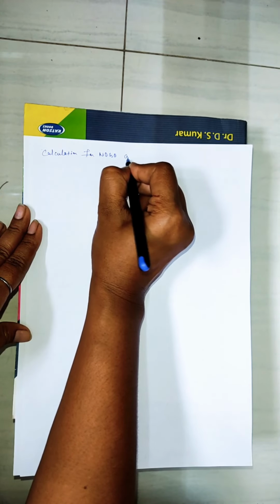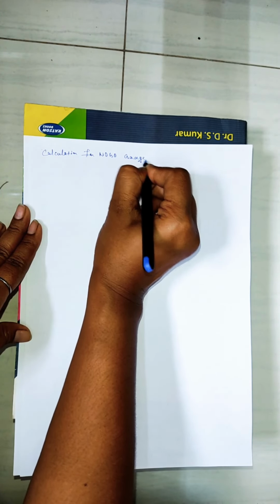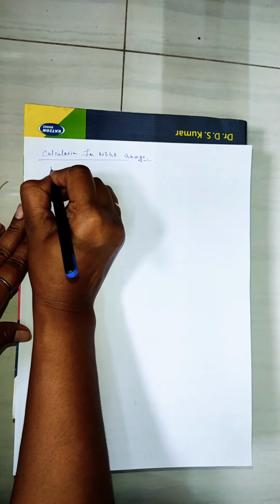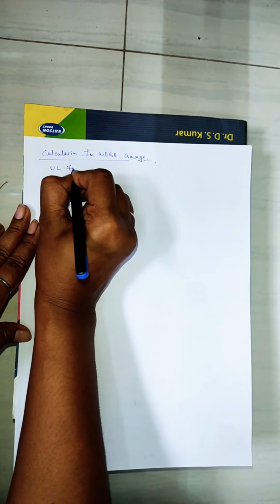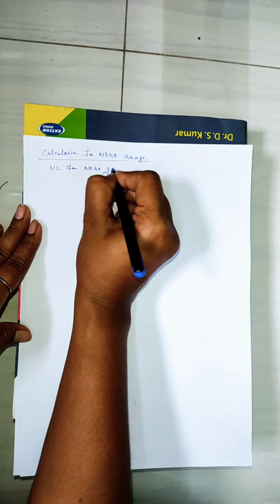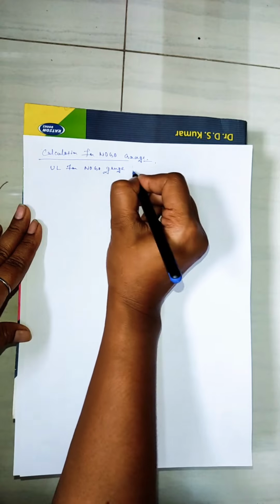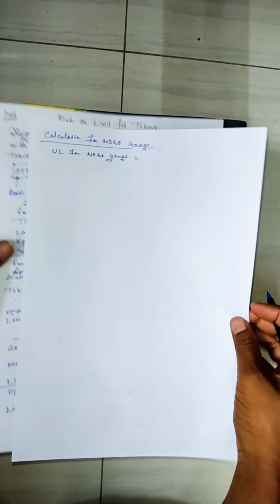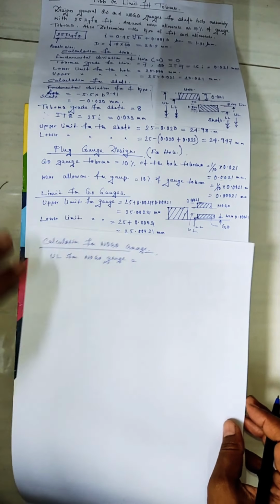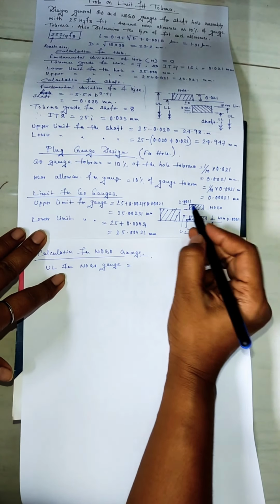For no go gauge, the upper limit is equal to this figure. From this figure, this is the upper limit.